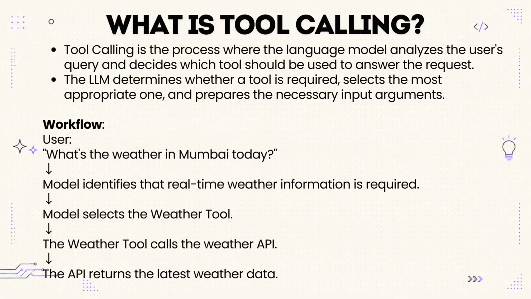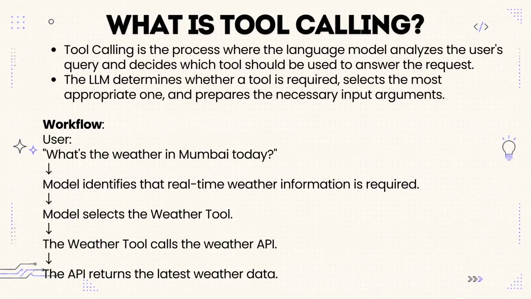Tool calling is the process where the language model analyzes the user query and decides which tool should be used to answer the request. The LLM determines whether a tool is required, selects the most appropriate one, and prepares the necessary input arguments. In very simple language, suppose the user asks, "What's the weather in Mumbai today?"